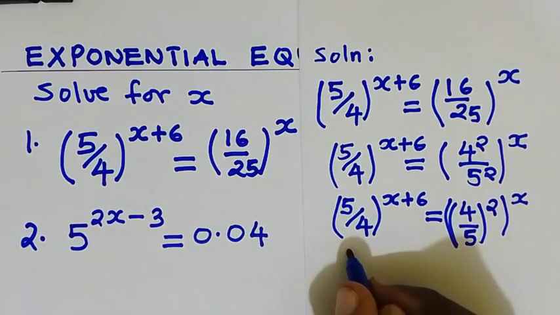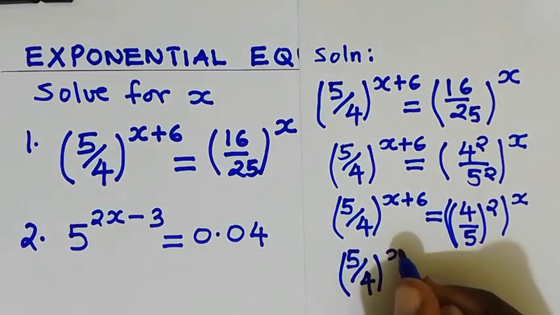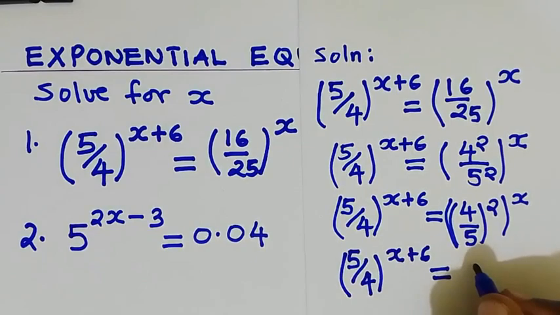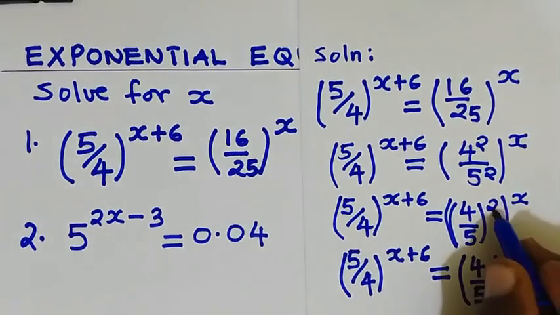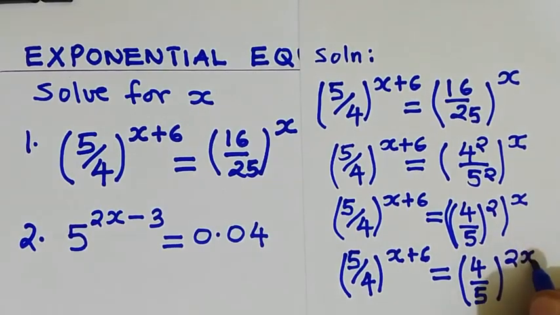This is equal to (5/4)^(x+6) equal to (4/5) power, 2 multiplied by x, we get 2x.